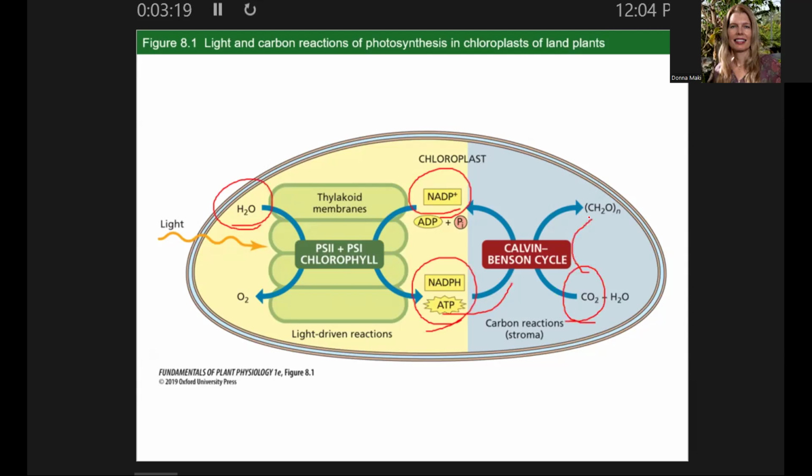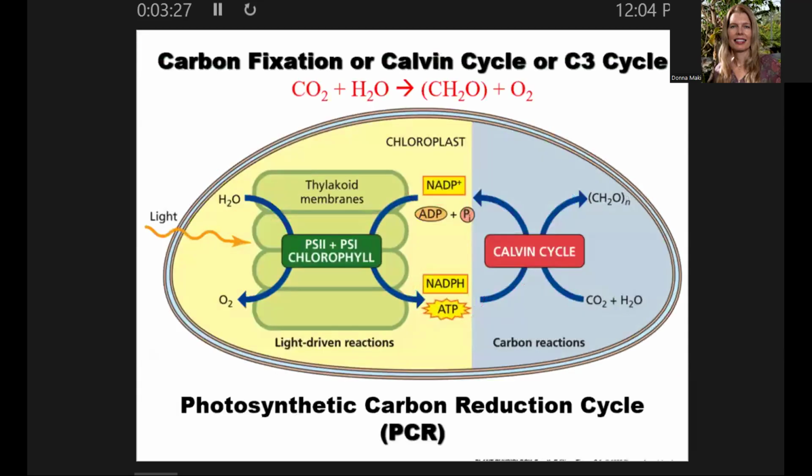It's often referred to as the Calvin-Benson cycle. I tend to just shorten it down to the Calvin cycle. It also has various other names, carbon fixation, of course, Calvin cycle. Some people call it the C3 cycle. So you might hear me say Calvin or C3 cycle, but basically it's the idea of now we finally think about what's happening to that carbon dioxide that the plant is taking in.